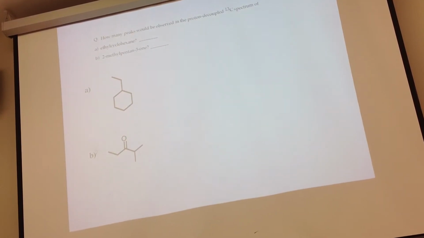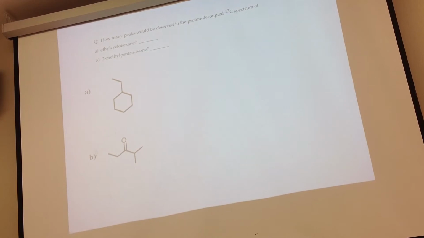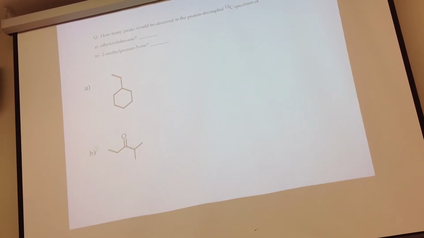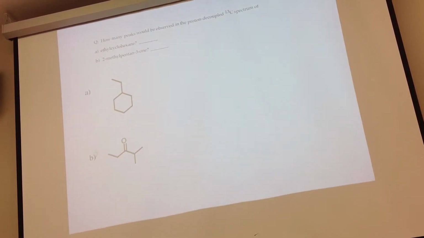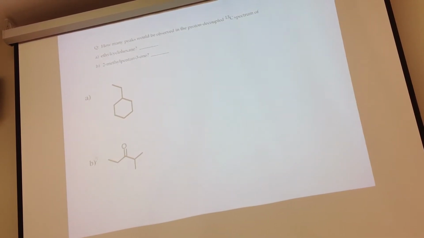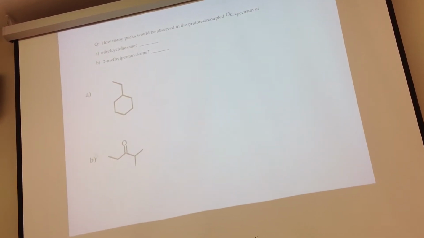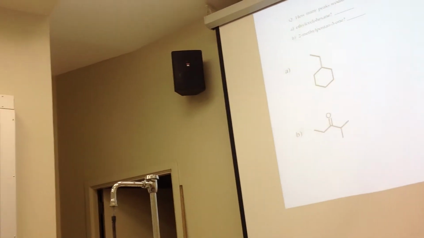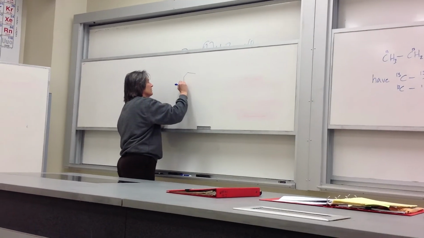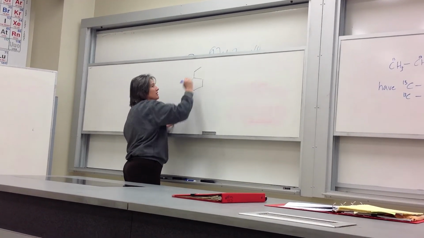So we're assuming here it's a proton decoupled C13 spectrum. So we are looking at lines. Okay, it's just going to give us lines. And I'm going to redraw the molecule so I can write on it. There it is.